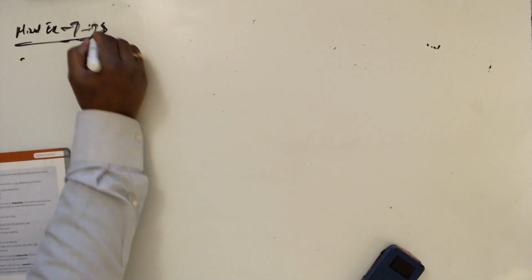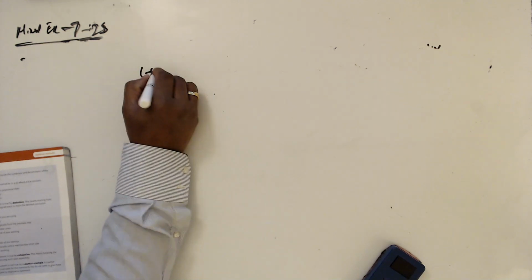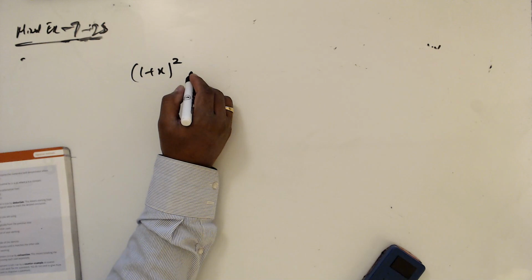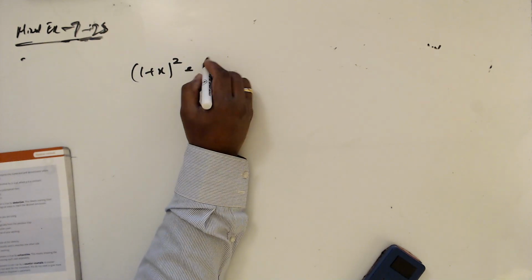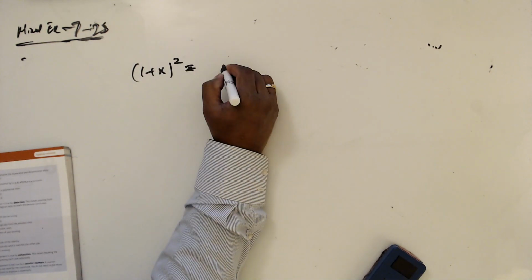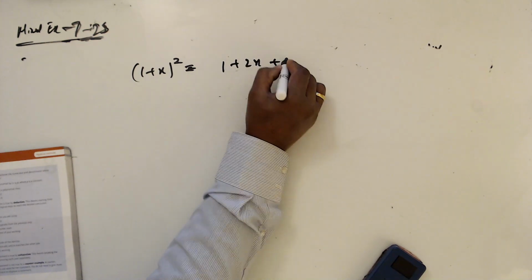Question number 25. (1 plus x) squared is 1 plus 2x plus x squared.